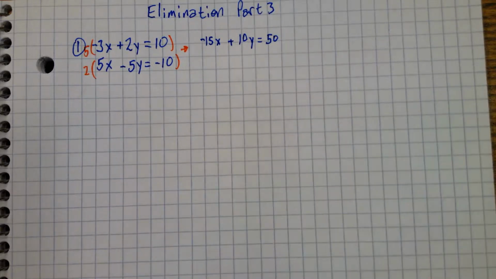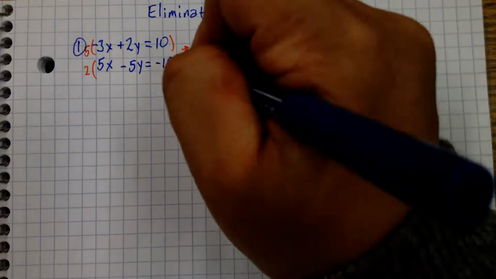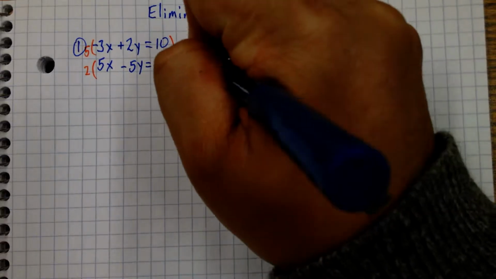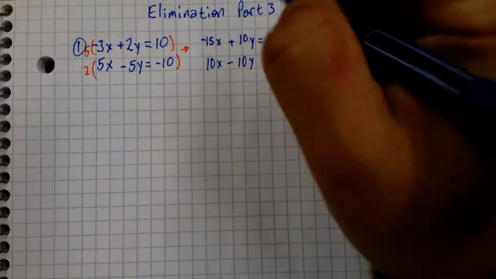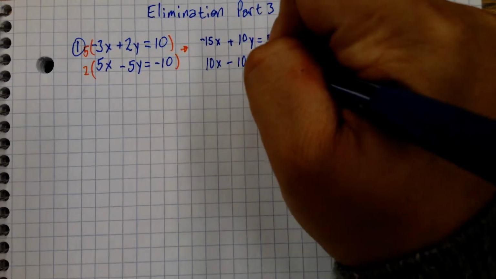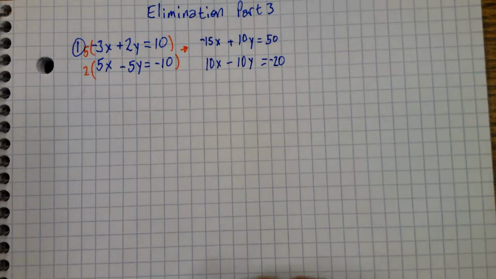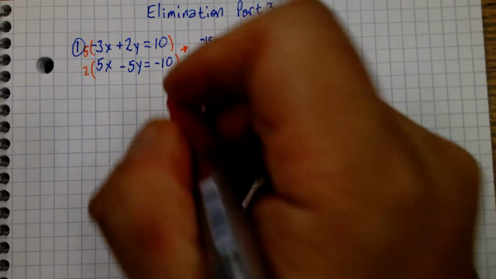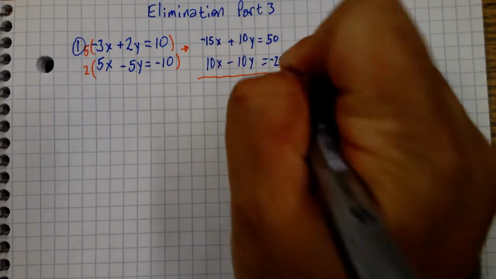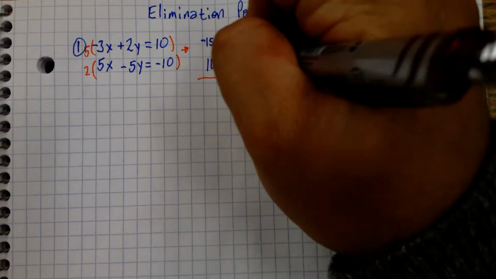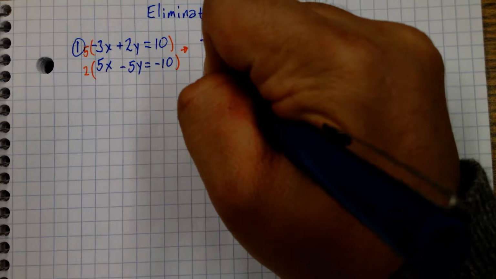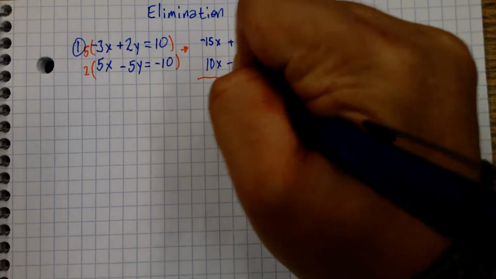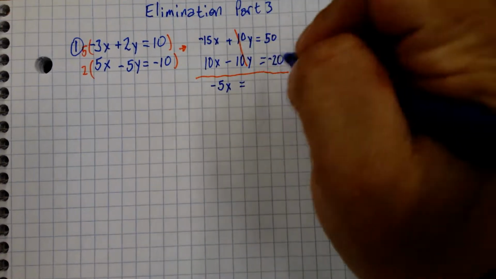You have to multiply the whole equation. All right, let's do the other one. 10x minus 10y equals negative 20. And these cancel, of course. We'll get negative 5x equals 30.